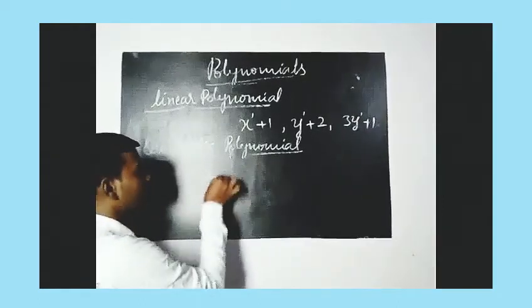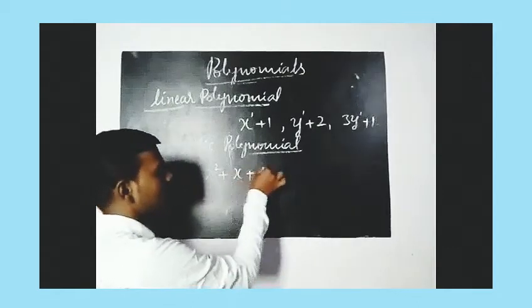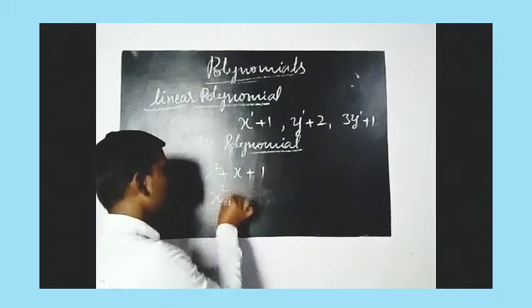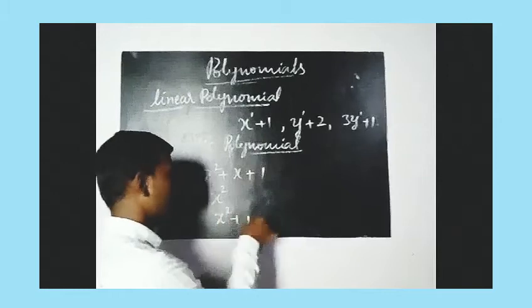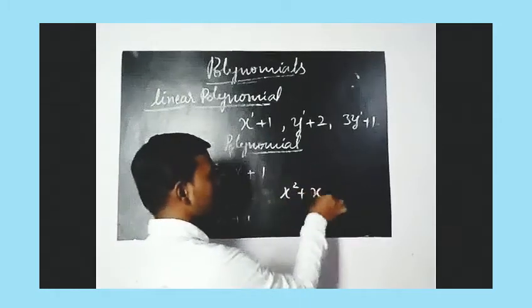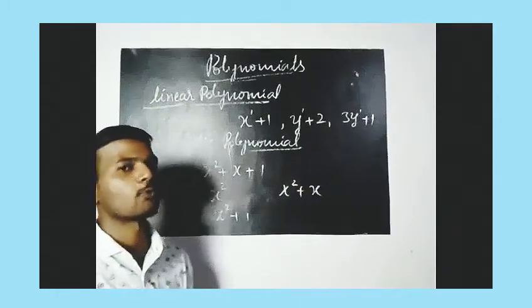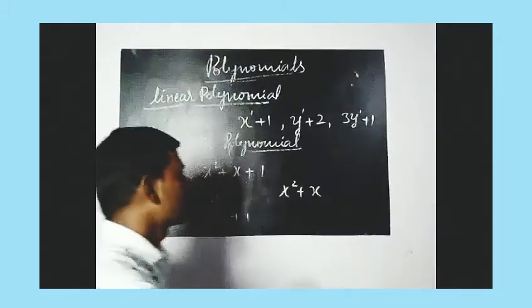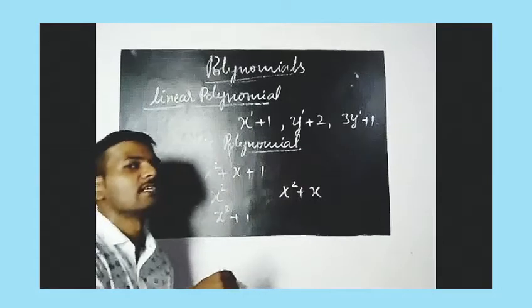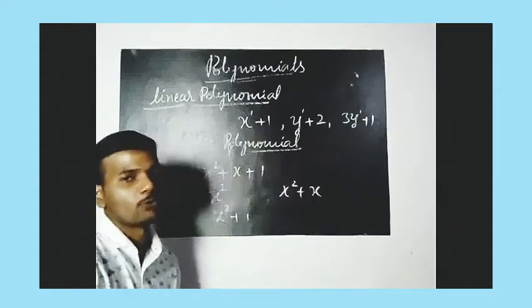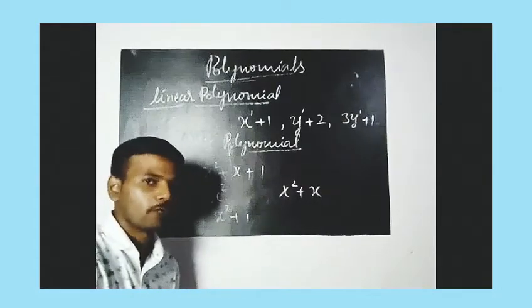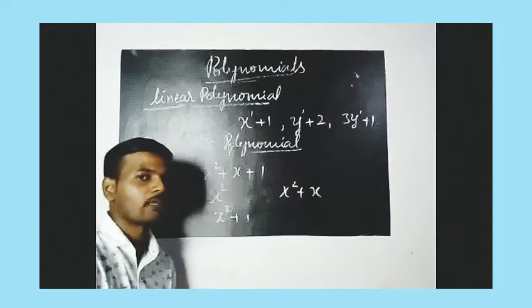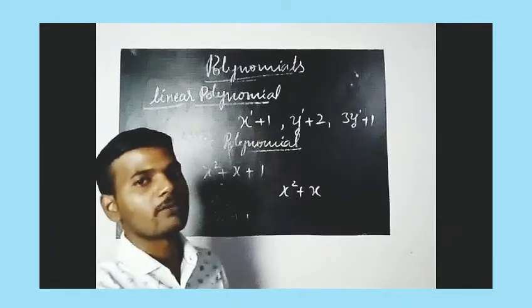Examples: x square plus x plus 1, x square plus 1, x square plus x. These are examples of quadratic polynomials in one variable. Here the highest power is 2 only, so a quadratic polynomial has degree 2. A linear polynomial has degree 1. Remember the points: linear polynomial has degree 1, quadratic polynomial has degree 2.